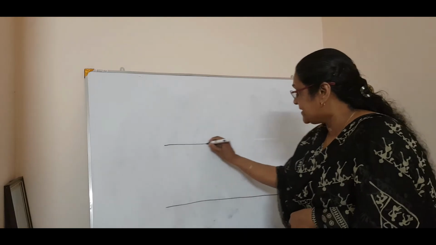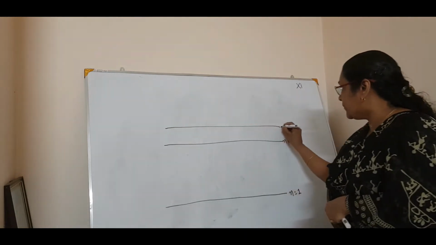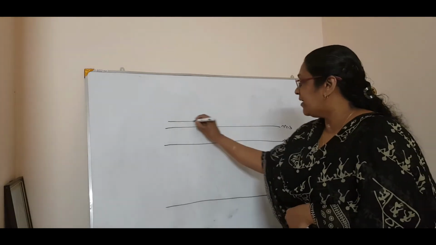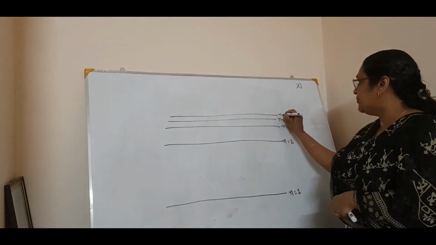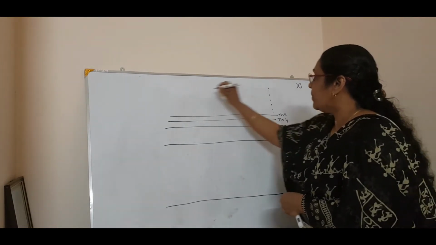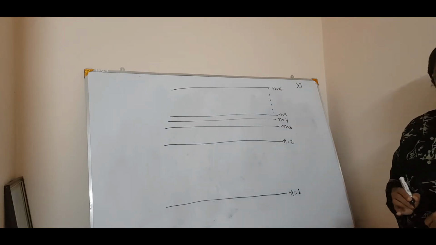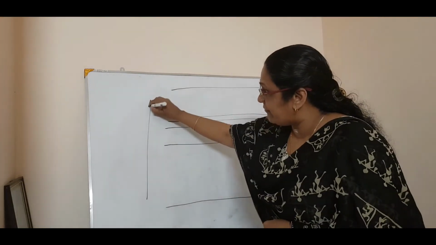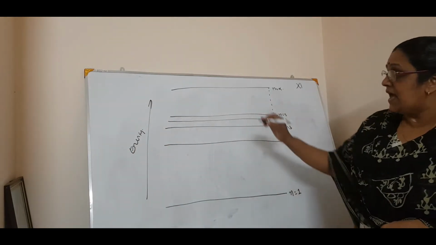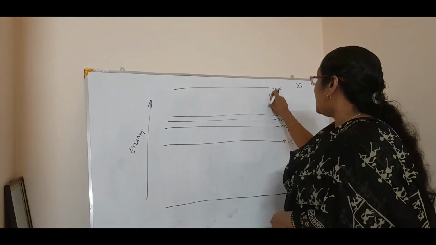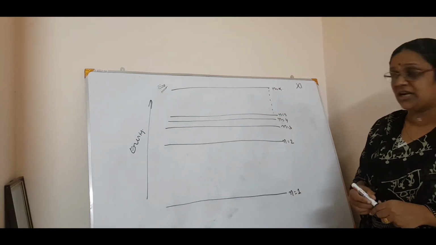And this is where n is equal to 2, here n is equal to 3, here n is equal to 4, here n is equal to 5, and up to here n is equal to infinity. Here we can have the energy of the series. And n equal to infinity means the energy is equal to 0. That we will study later, the energy and all.